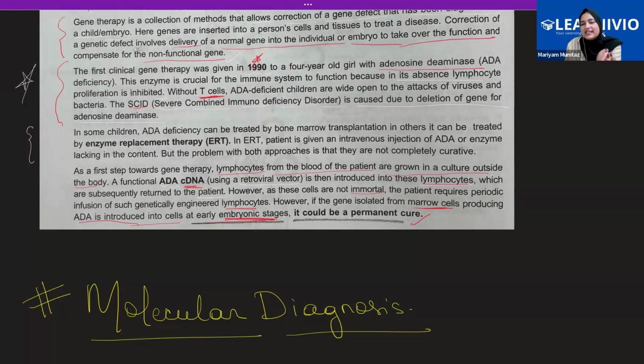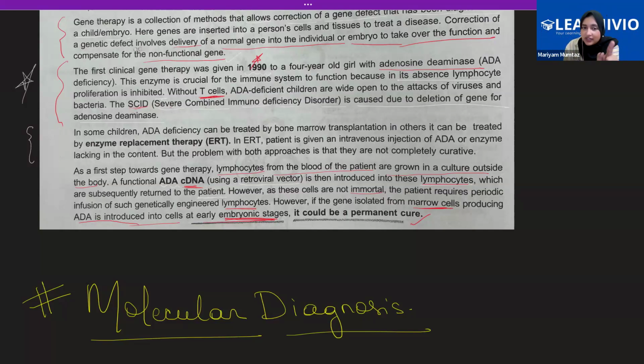And obviously, you know that these cells are not immortal. They are mortal, so once their lifespan is over, they die. So a person has to regularly go to the lab and be injected with the RDT cells.